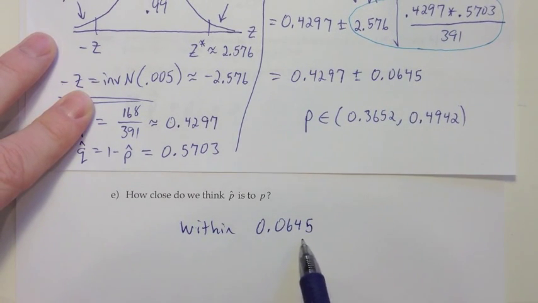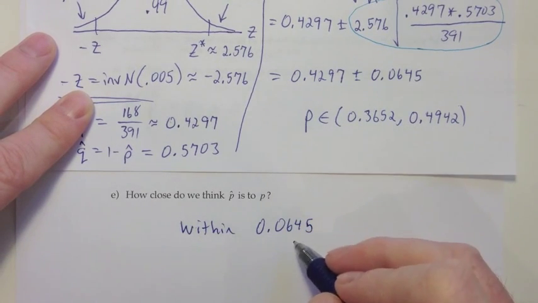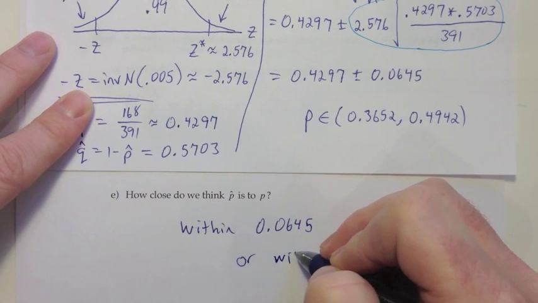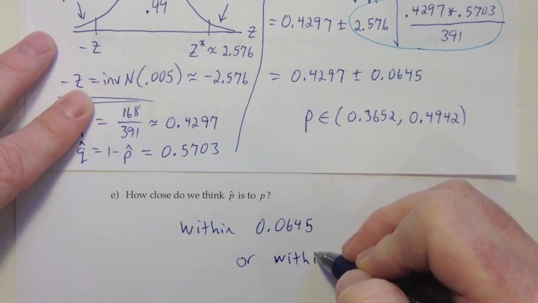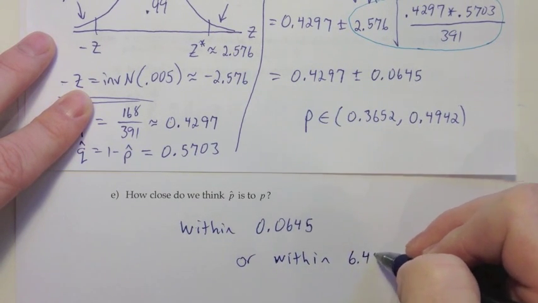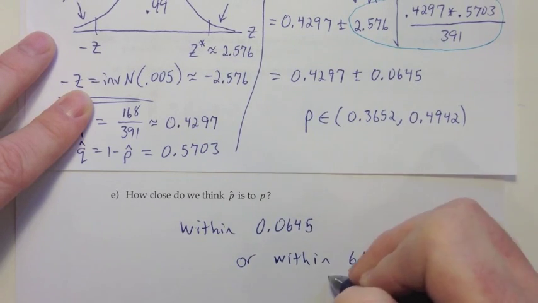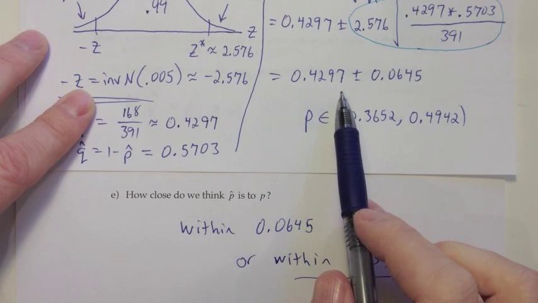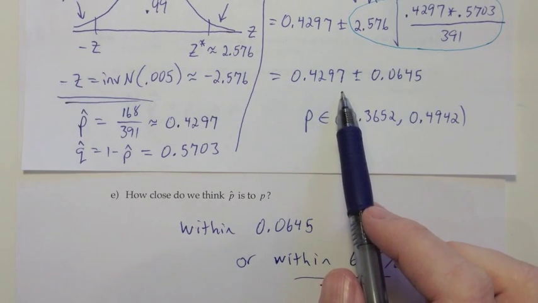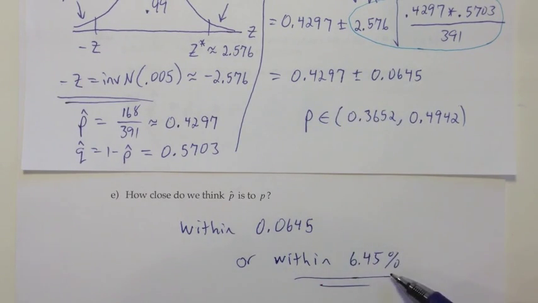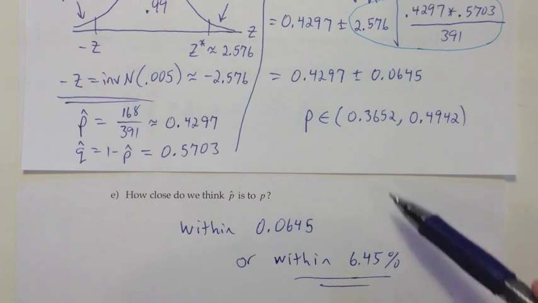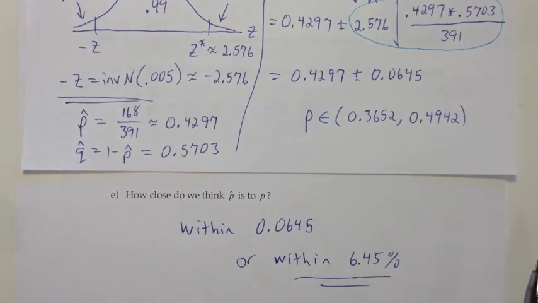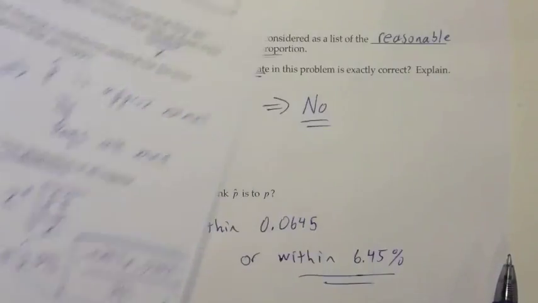Well, I guess that's just a proportion. I could say within 0.0645, or I could say within 6.45%. So you could say that we gave an estimate that 42.97% of the churchgoers were happy, but we might be off by 6.45% with that point estimate. But once we give ourselves that room for error, all of a sudden we're 99% confident that we've got it.